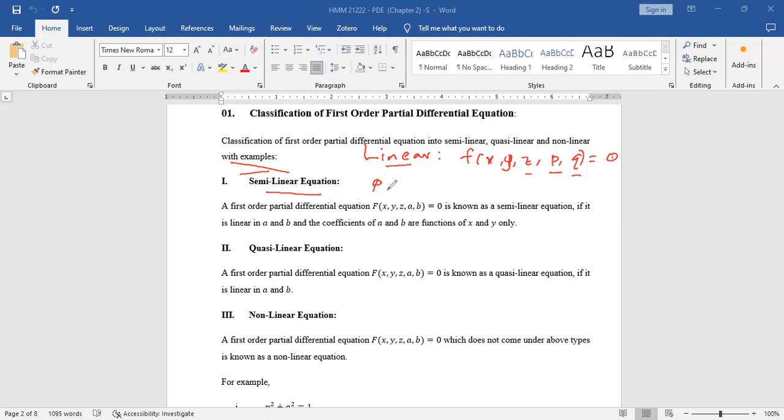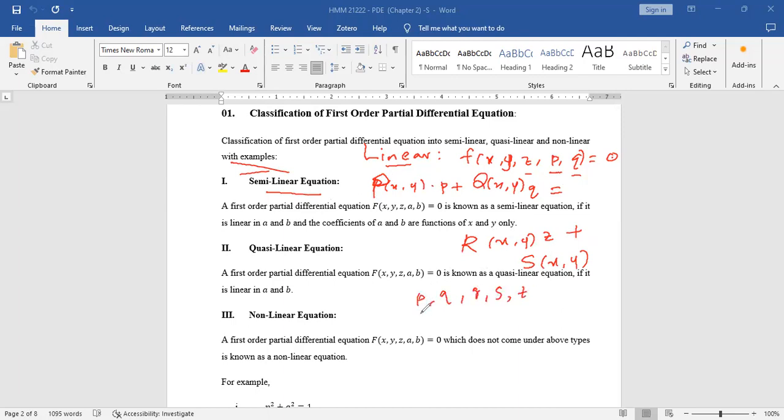Let's say capital P is a function of x comma y, times p, plus Q of x comma y times q, is equal to R of x comma y times z plus S of x comma y. So don't confuse this with small p, q, r, s, t.